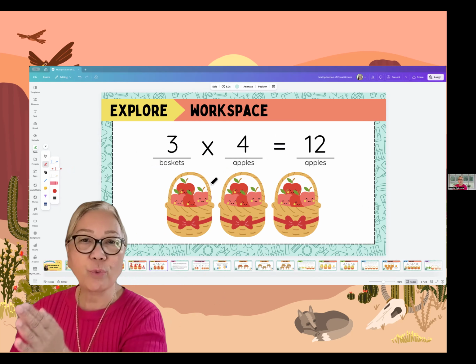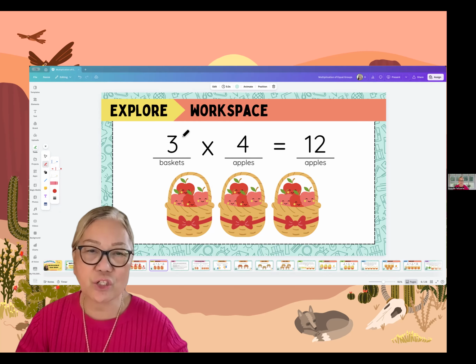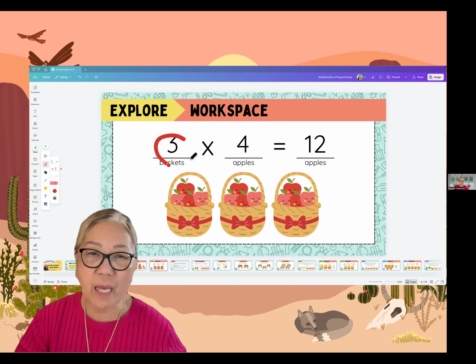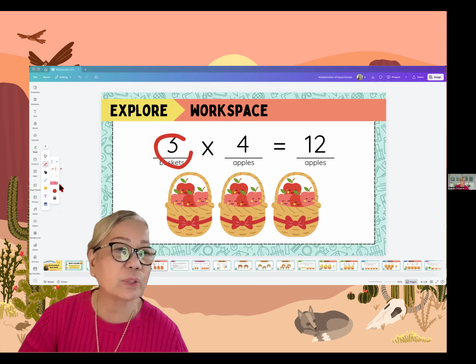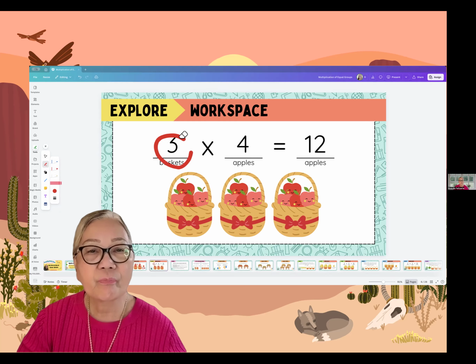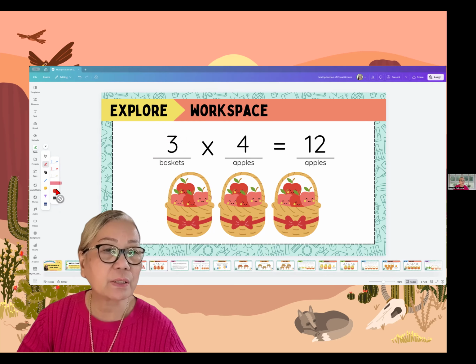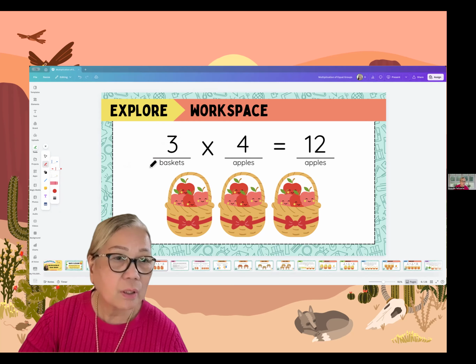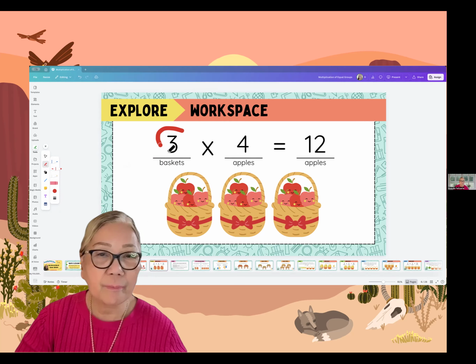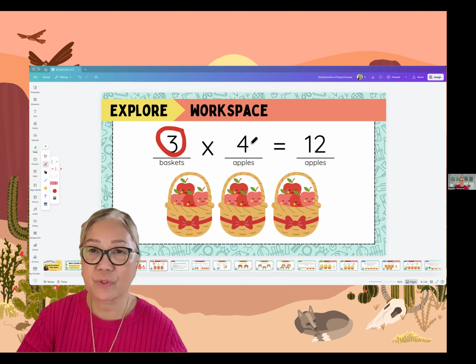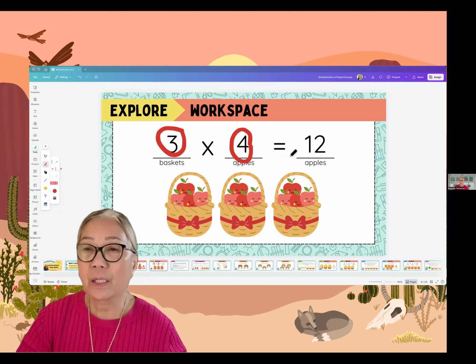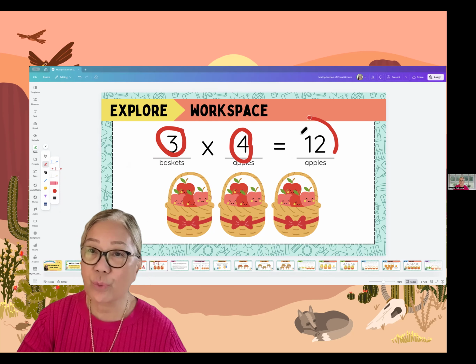Or if you want to write it in multiplication, you have three baskets. Sorry, that was not good. Okay, so I will have 3 times 4 is equal to 12.